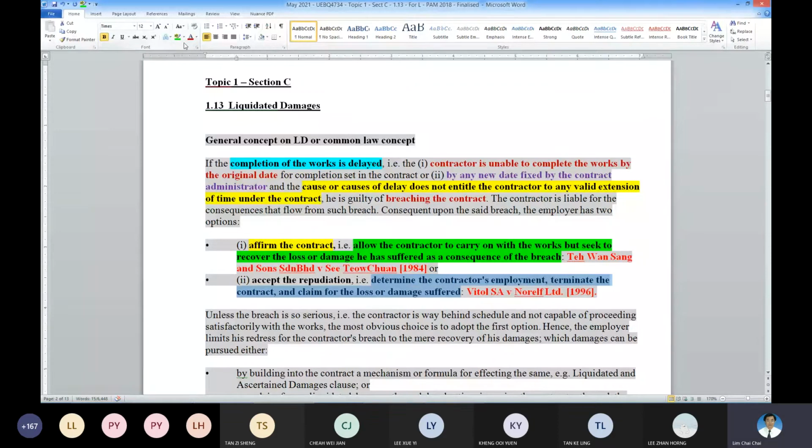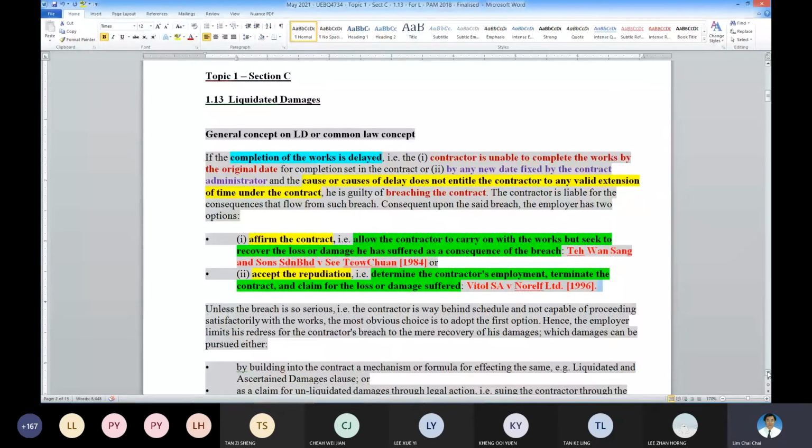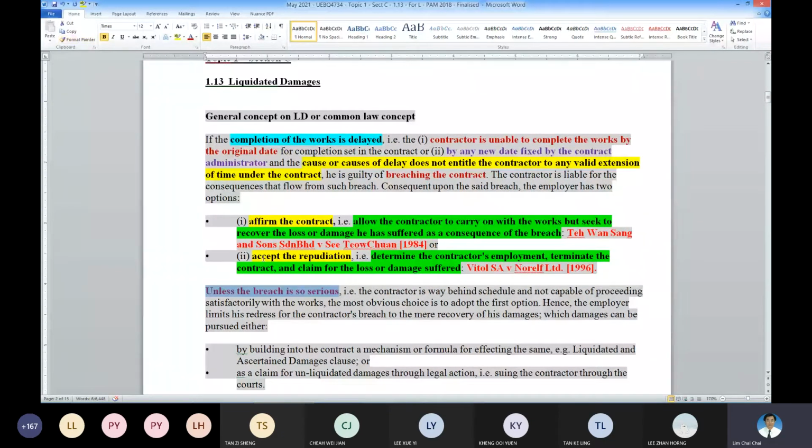Which one the employer takes is up to the employer. Okay. So generally number 2 is for serious breach. If it is a serious breach, then number 2 will be invoked. If not, usually it's number 1.